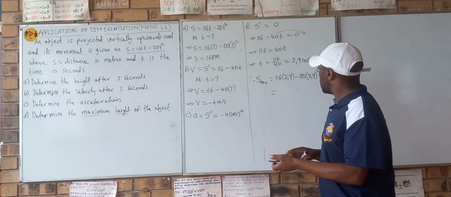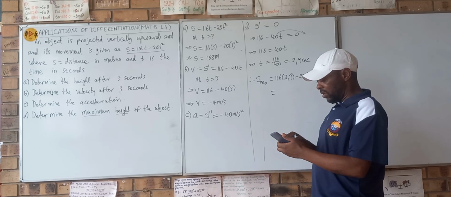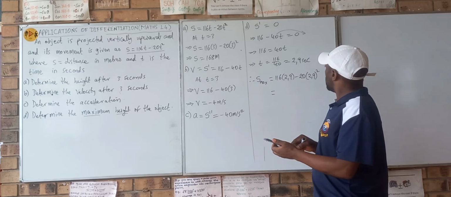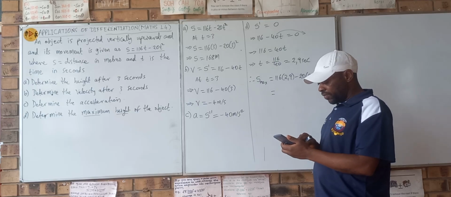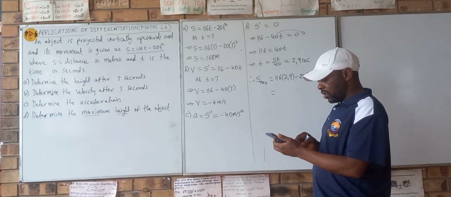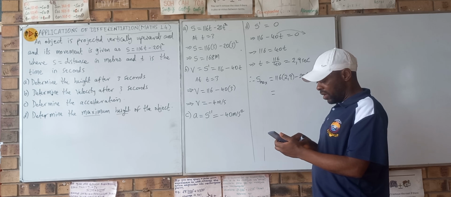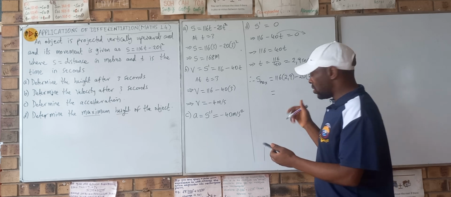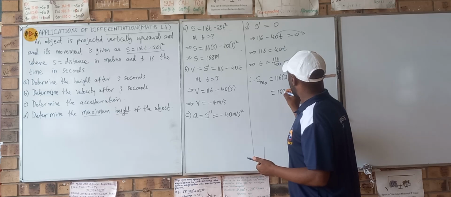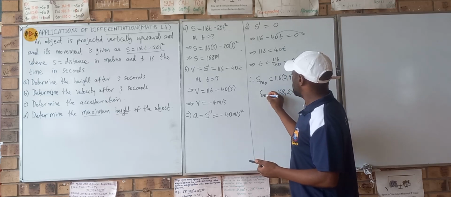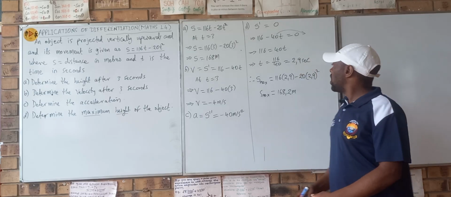That should give me my maximum height. So 116 times 2,9 minus 20 into 2,9 squared takes me to 168,2 meters. So this is my maximum height.